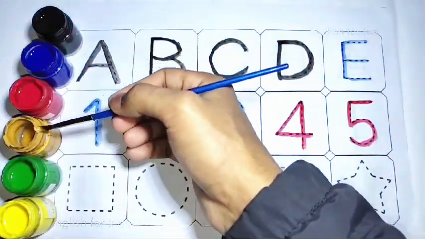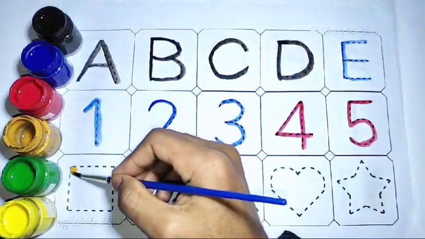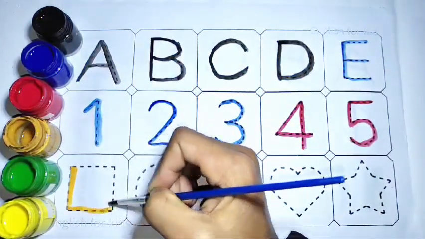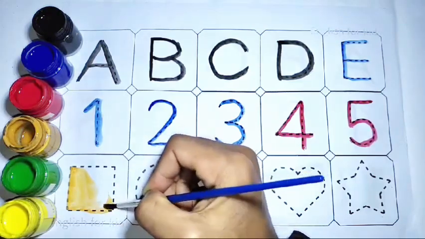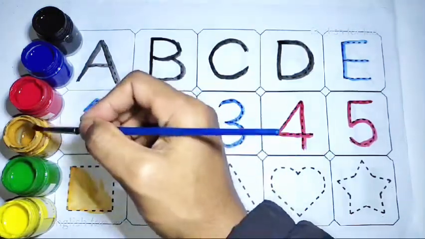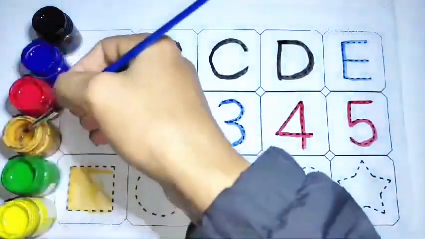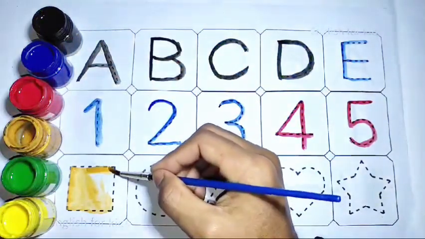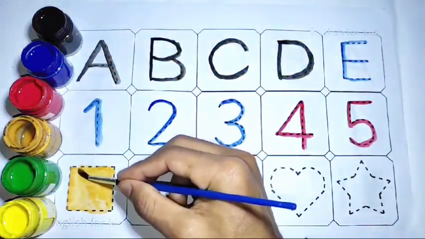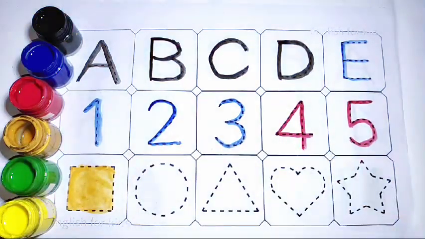Yellow ochre color. First we draw the shape of square. The next one is circle.